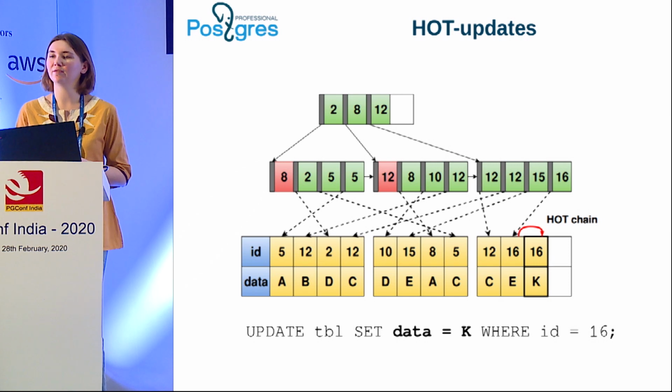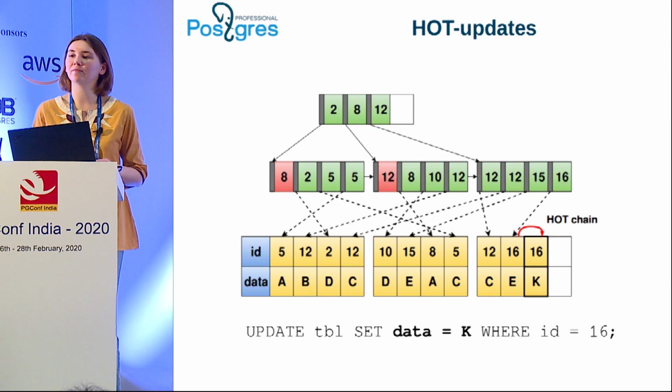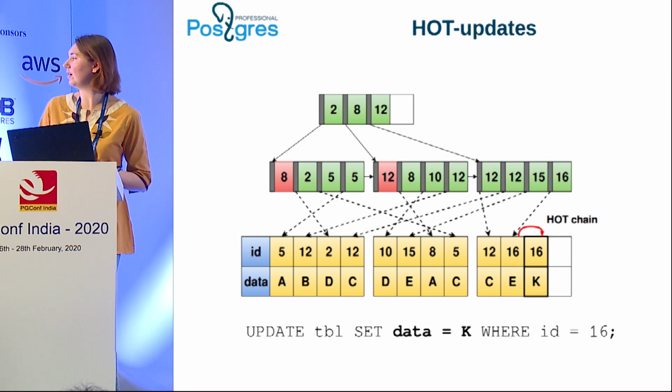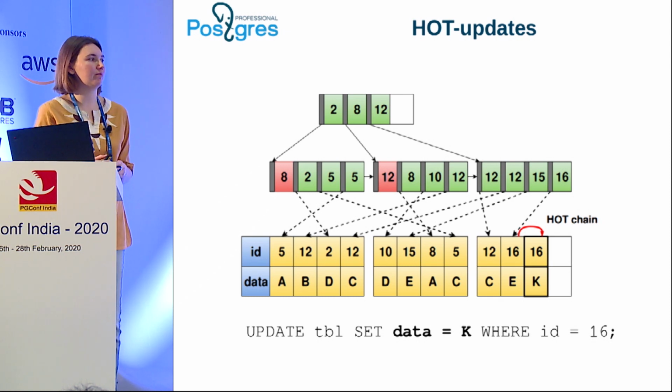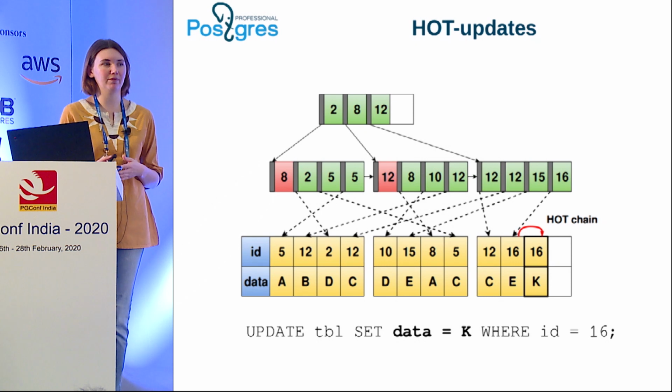So vacuum here will have one additional step. When we are doing a vacuum, does it remove that HOT chain? No, vacuum does not. Vacuum will remove the HOT chain when it is not visible to any transactions.